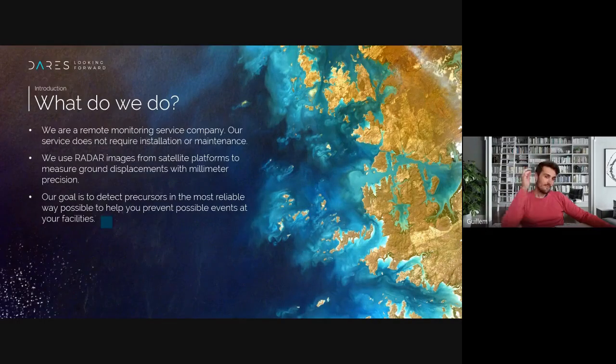So, as Josep mentioned, I joined DARES in 2019, and we're a company, DARES Technology, offering remote sensing services, mostly InSAR, that we will see what it is and what we can get. Basically, we are working with radar images, and we don't need any kind of installation in the field where we are working.